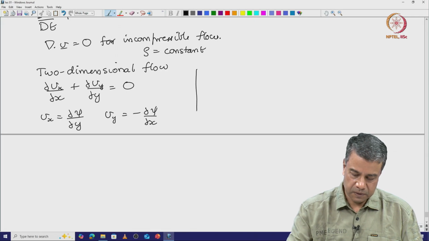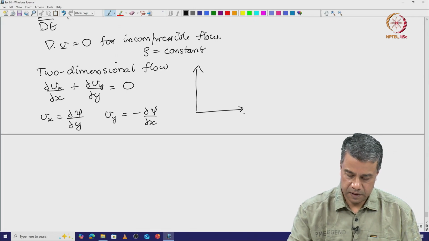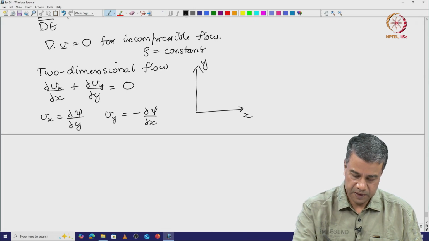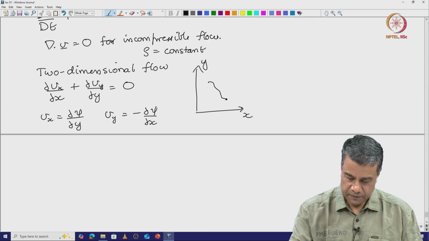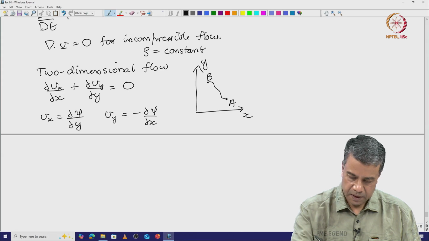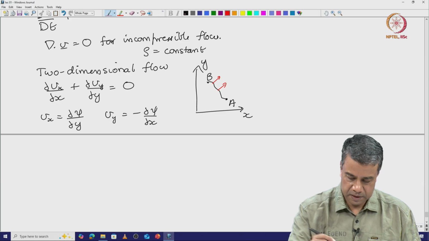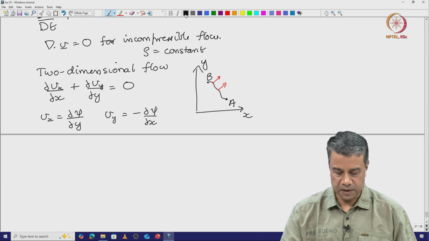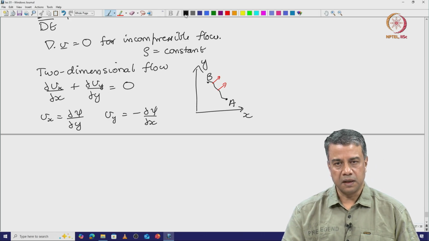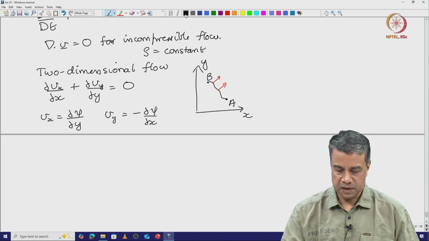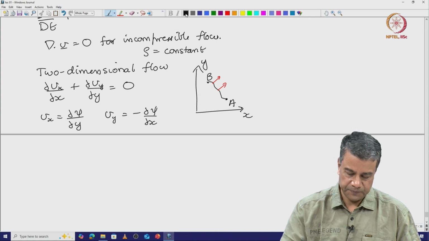And I had also given you another interpretation of the stream function in the xy coordinate system. If you have 2 points A and B, and I have a velocity vector, I have the unit normal to this path between these 2 points. In 3 dimensions it would be a surface, in 2 dimensions it is just a line.